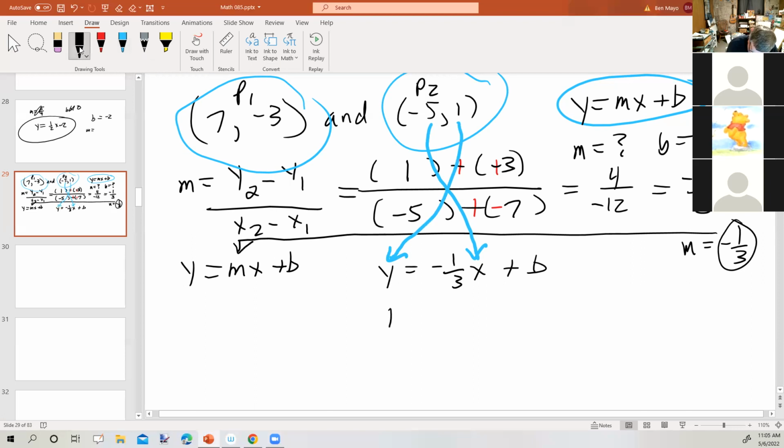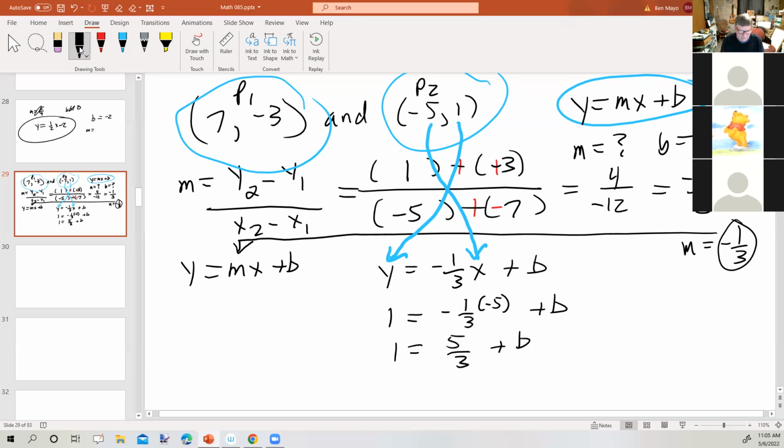So what do I get? I get 1 equals -1/3 times -5 plus b. So far, so good? Which says 1 equals negative times negative is +5/3 plus b.